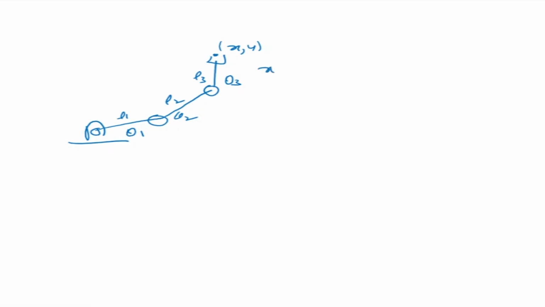Suppose we end up with a manipulator like this. There are 3 links: 1 link here, 2 link here, and the third one there. So there's theta 1, theta 2, theta 3, and this is L1, L2, and L3. Now this is planar, so this is still xy. So you have x is equal to L1 cos theta 1 plus L2 cos (theta 1 plus theta 2) plus L3 cos (theta 1 plus theta 2 plus theta 3).